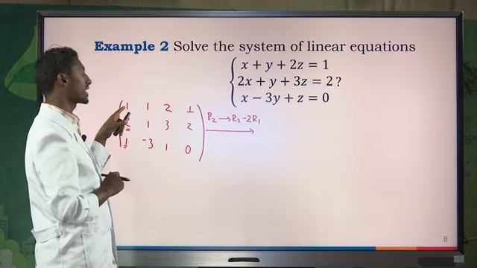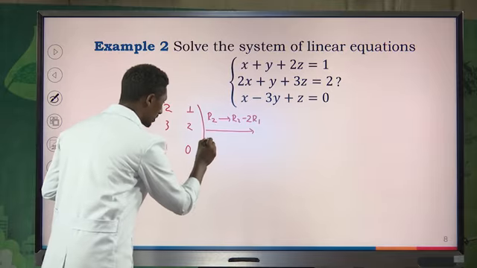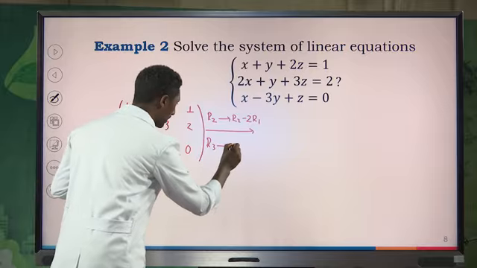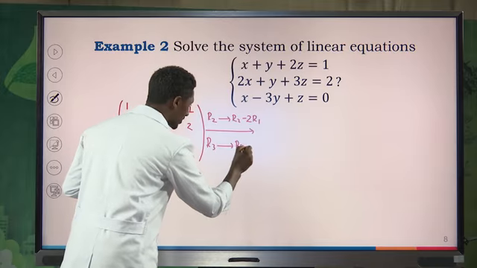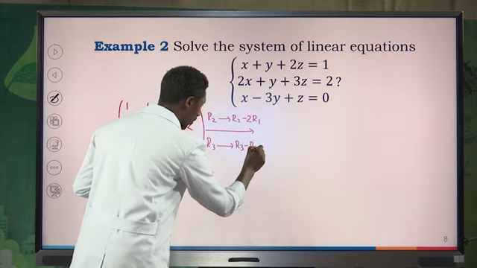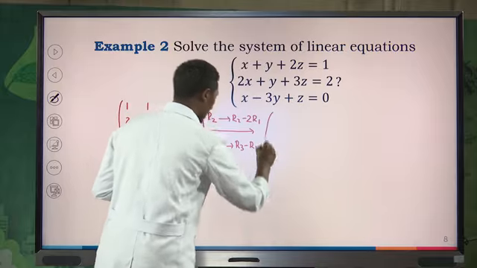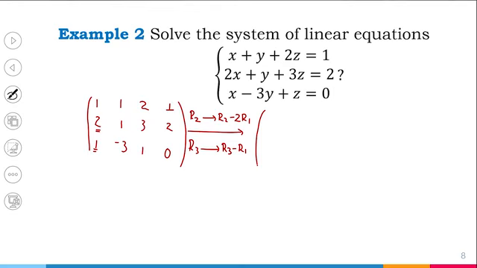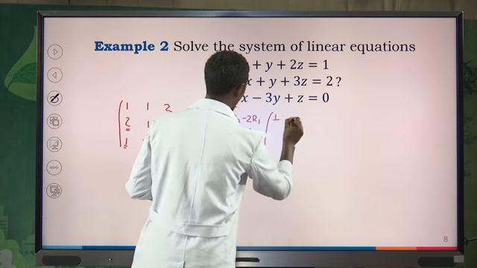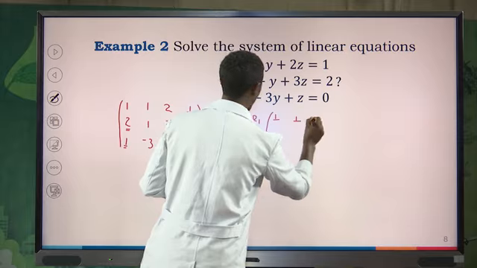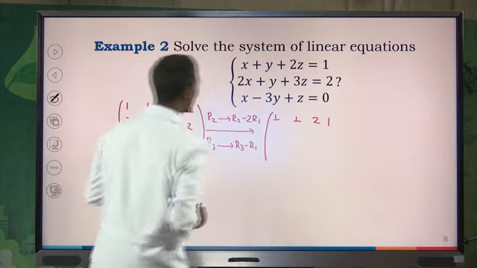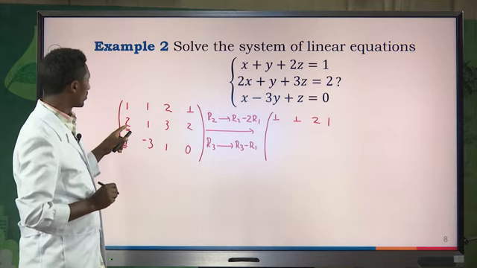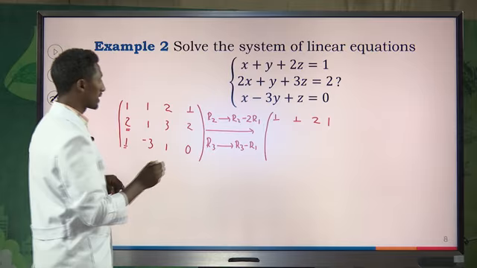So the first entry is 1, so R3 must be changed to R3 minus row 1. Now this is an elementary row operation, what we call pivoting. So write the first row as it is, then 2 minus twice 1, that is 0.